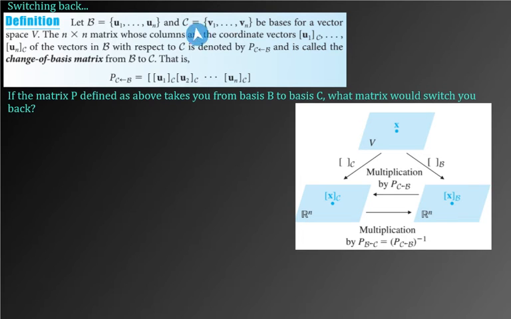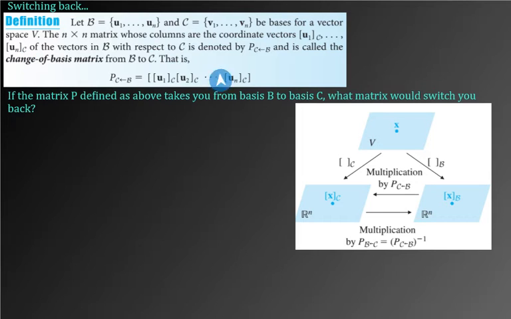If we have two bases for some vector space, and we have an n by n matrix whose columns are the coordinate vectors, writing these basis vectors in terms of these ones, u1 in terms of these, u2 in terms of these, u3, all the way up.